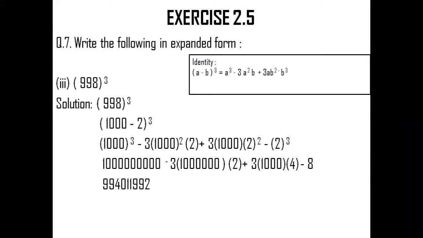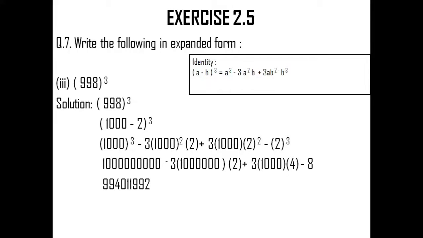So 998, as you could see in the second line of the solution, I have written it as 1000 minus 2. Yes, 1000 minus 2 is what? 998. Now 1000 minus 2, the whole cube, resembles my identity a minus b the whole cube. So what will the alphabet A be replaced by? A will be replaced by 1000 and B will be replaced by 2.